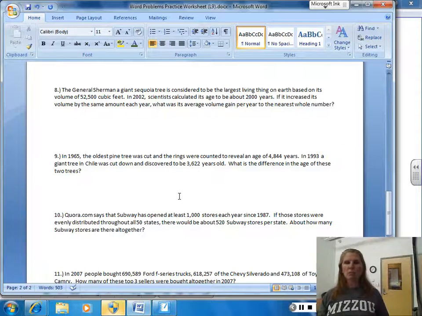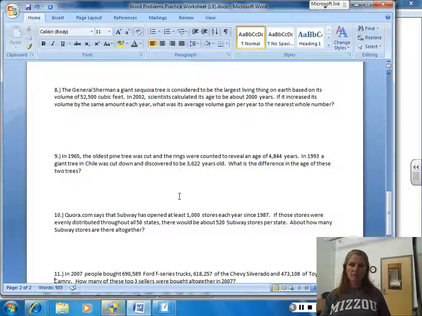Sometimes in these problems, I put numbers in to make sure that you could go through and pick out what are the important numbers and what numbers can we ignore here, right? So if it increased its volume by the same amount each year, what was its average volume gain per year to the nearest whole number? So we're going to take 52,500.